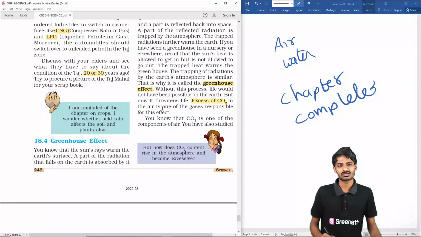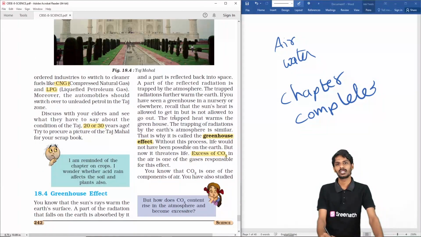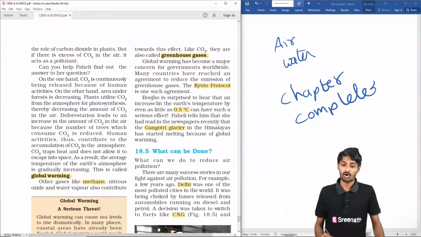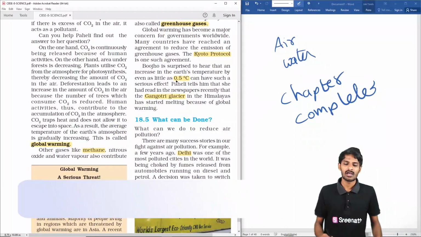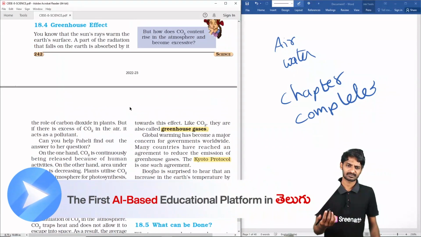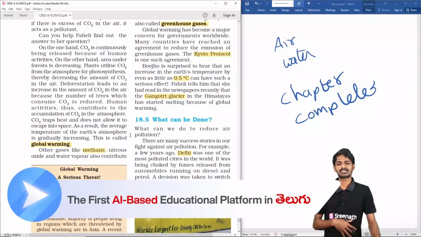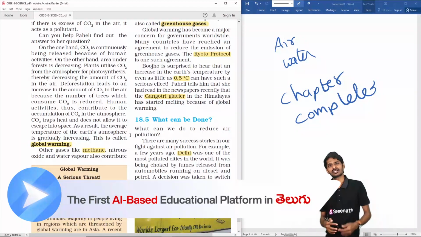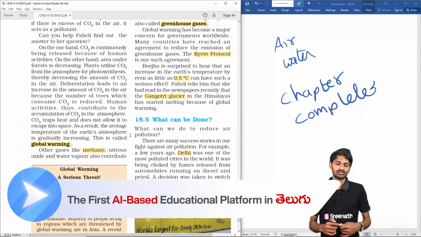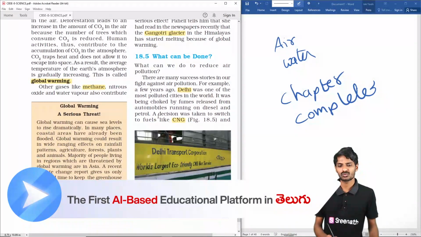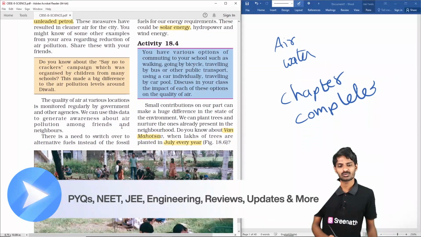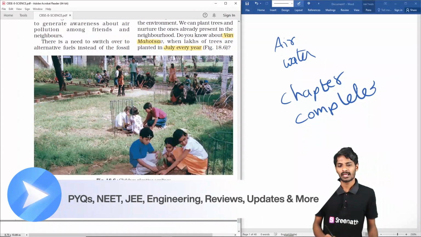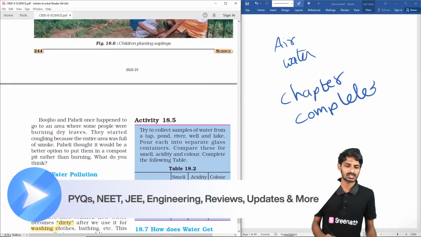And the greenhouse effect: because of the increase in carbon dioxide and air pollution, the greenhouse effect and global warming occur. If the temperature increases by 0.5 degrees centigrade, many severe effects happen, students. What we can do is reduce air pollution. We have to plant many plants, and reduce the usage of vehicles.